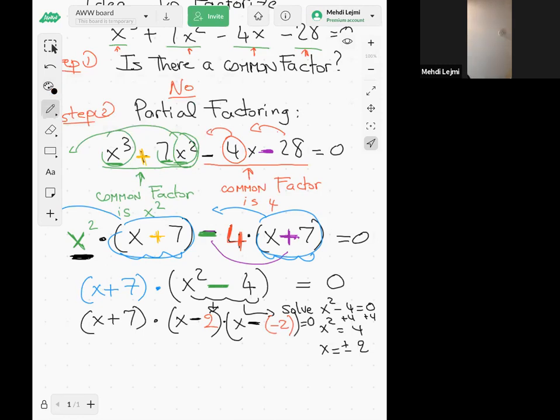So what I'm saying, guys, is that if you factor x squared minus 4, you get x minus 2 times x plus 2. So this is x plus 7 times x minus 2 times x plus 2, equal to 0.